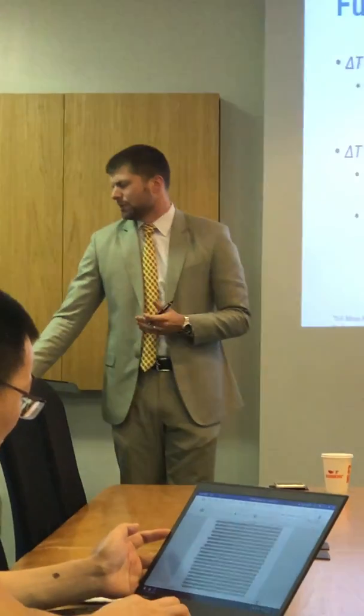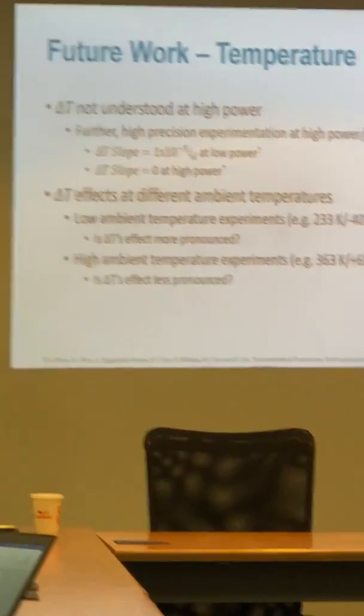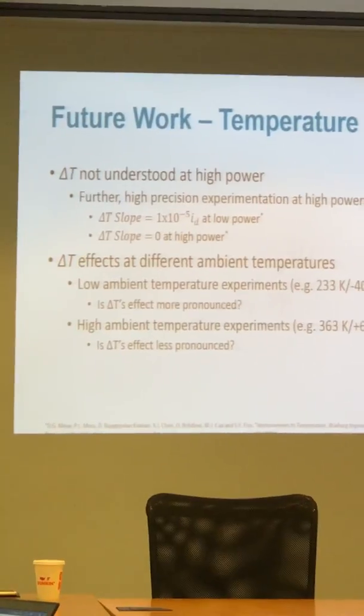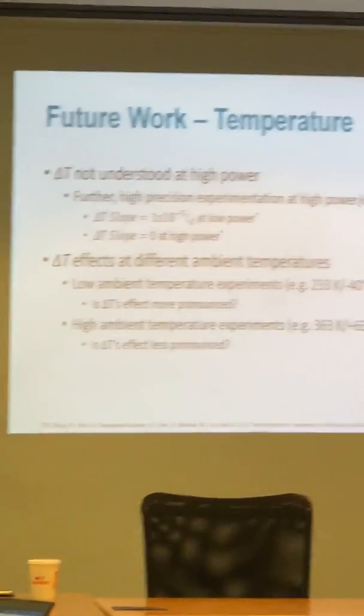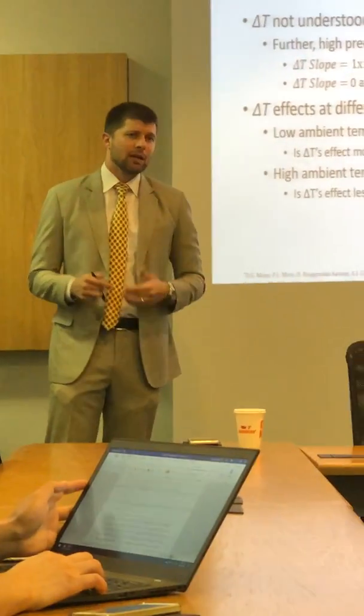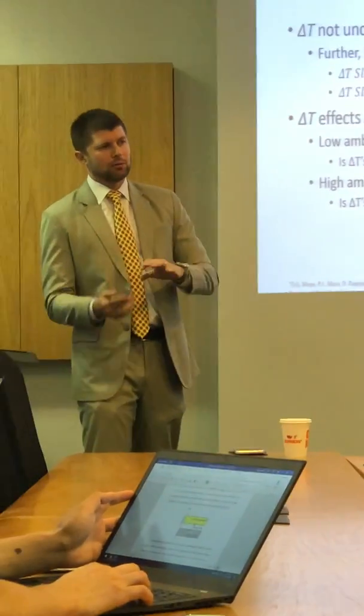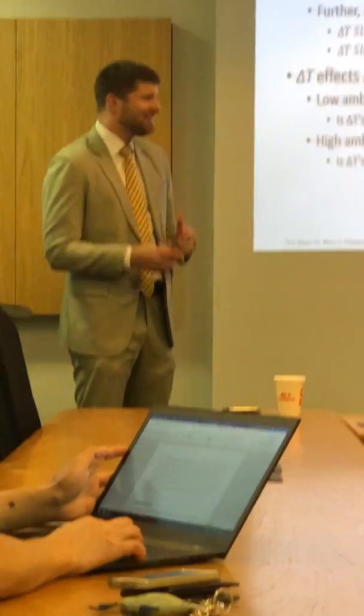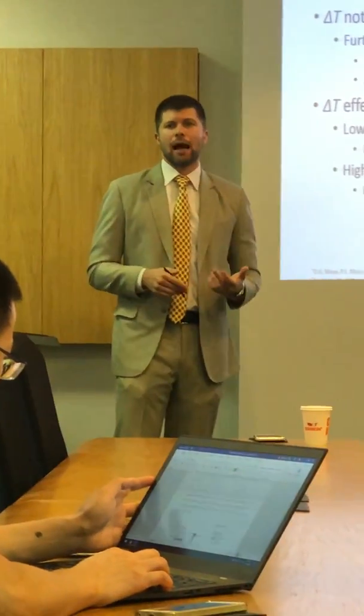Next, delta T. As we said earlier, it's not well understood at high power. And we've been able to experimentally derive the slope of delta T at low power, but at high power it's 0. So we have a couple of questions here. Where does it transition? How quickly does it transition? What is the temperature doing at high power?